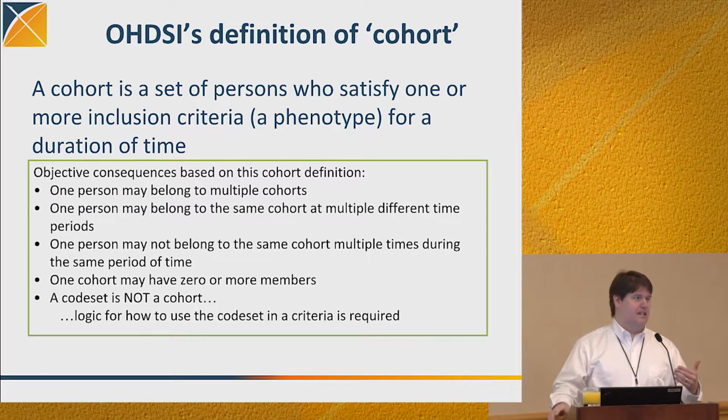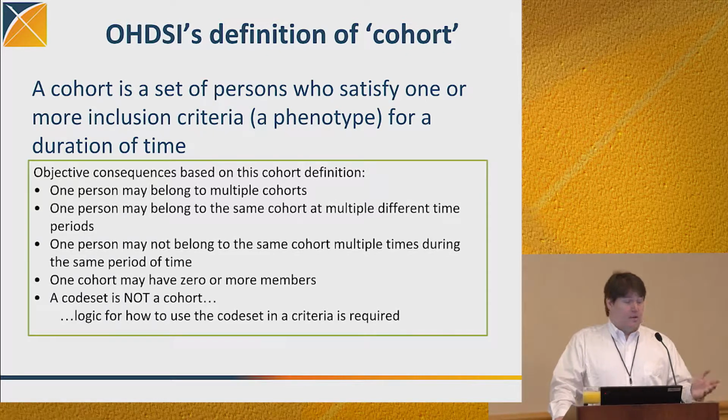It logically does not make sense. So cohorts are really about continuous times, no overlap. A cohort could be an empty cohort. The cohort of unicorns is empty, right? We can describe it, like horses with horns, but you could have nothing that matches that phenotype in reality.